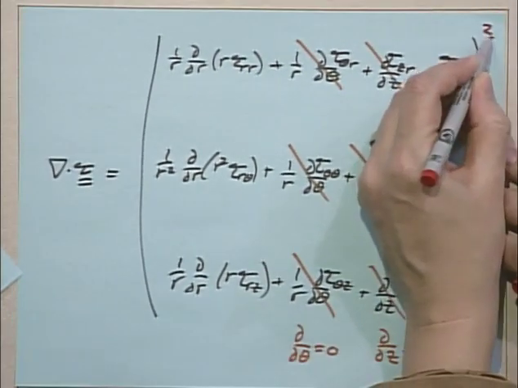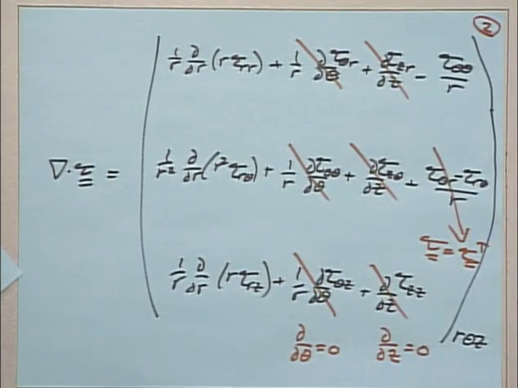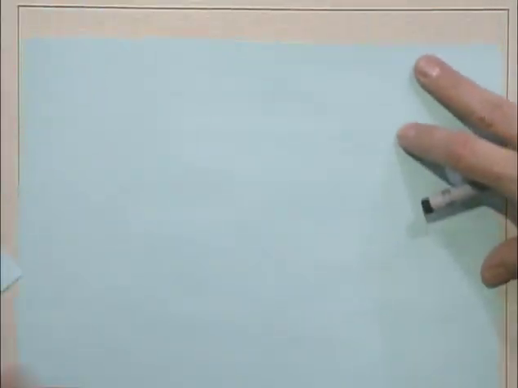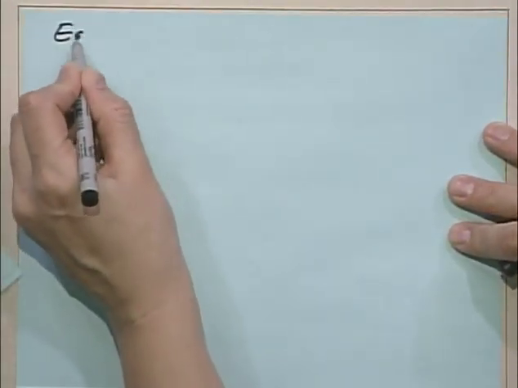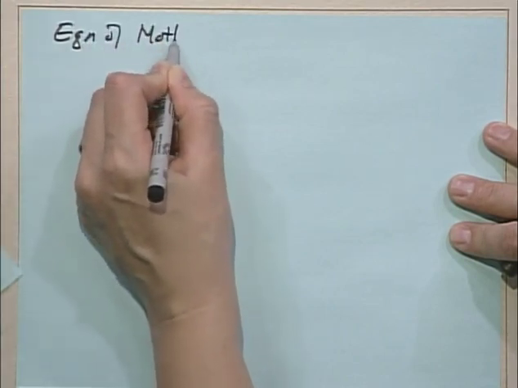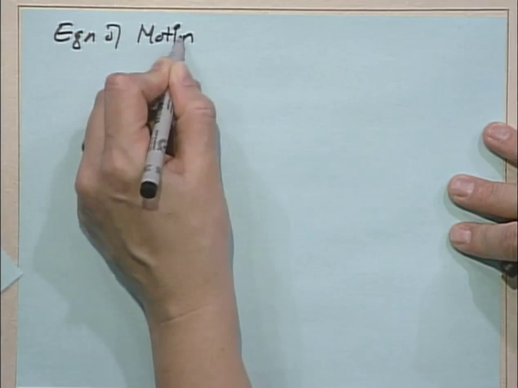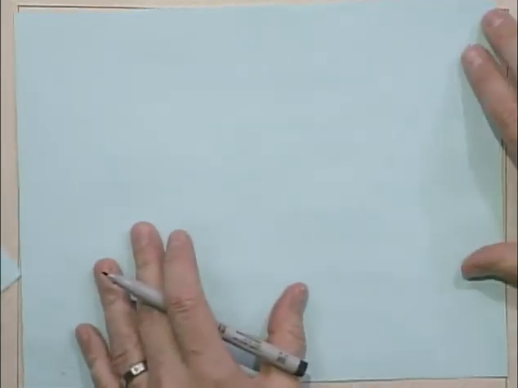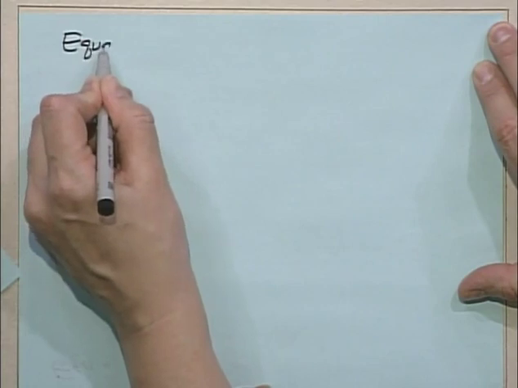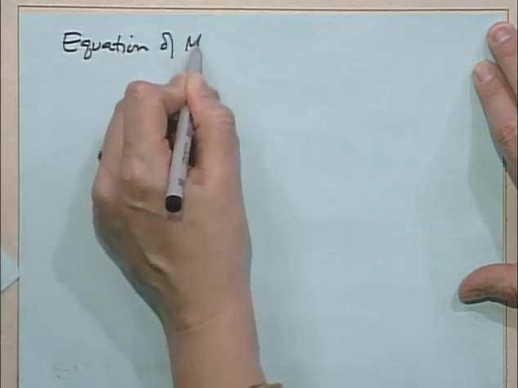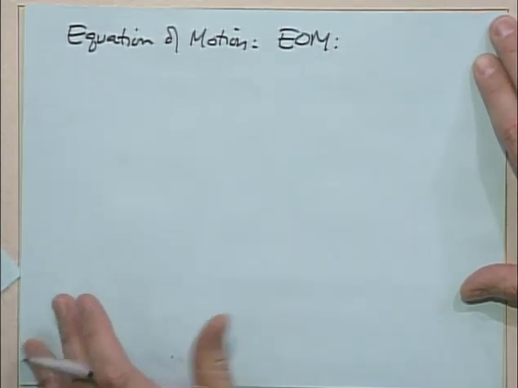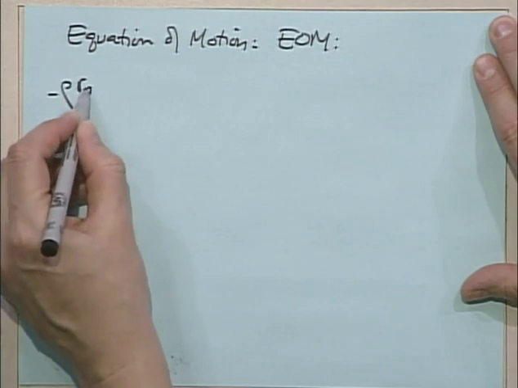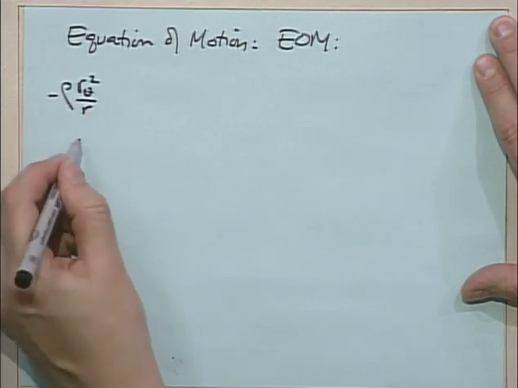So now let's put it all together. Here's my equation of motion. Sometimes I write EOM, equation of motion: minus rho v theta squared over r, 0, 0.